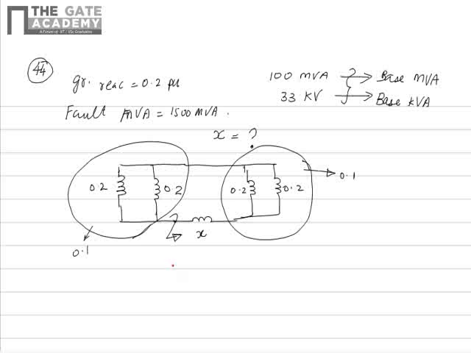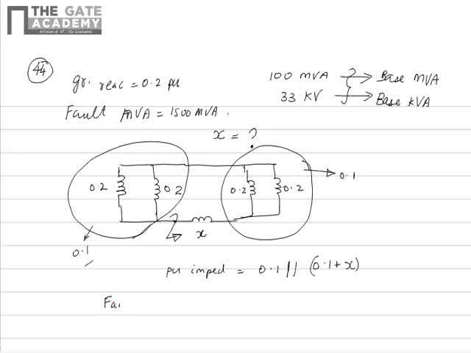So in effect the total per unit impedance of the whole system is 0.1 in parallel with a series of 0.1 and X. So this is the total per unit impedance of the whole system.